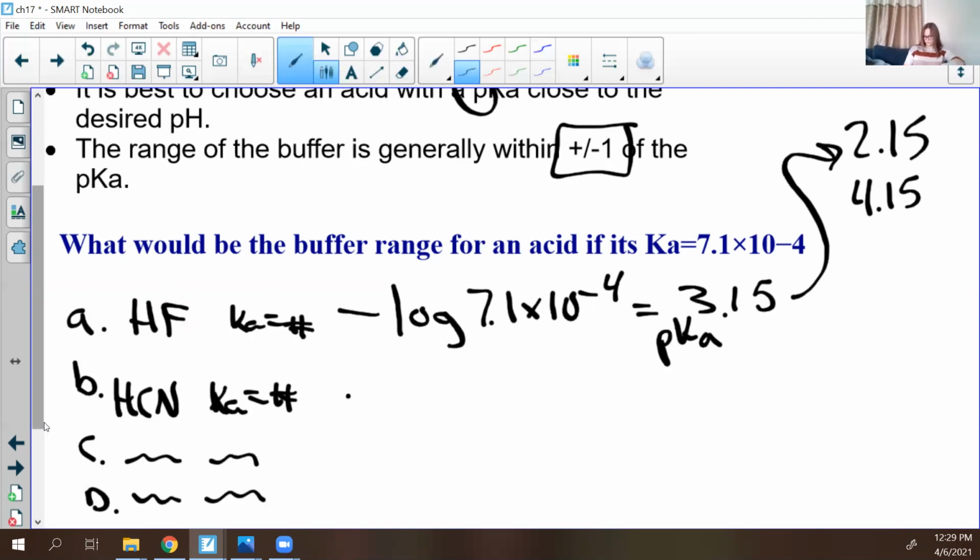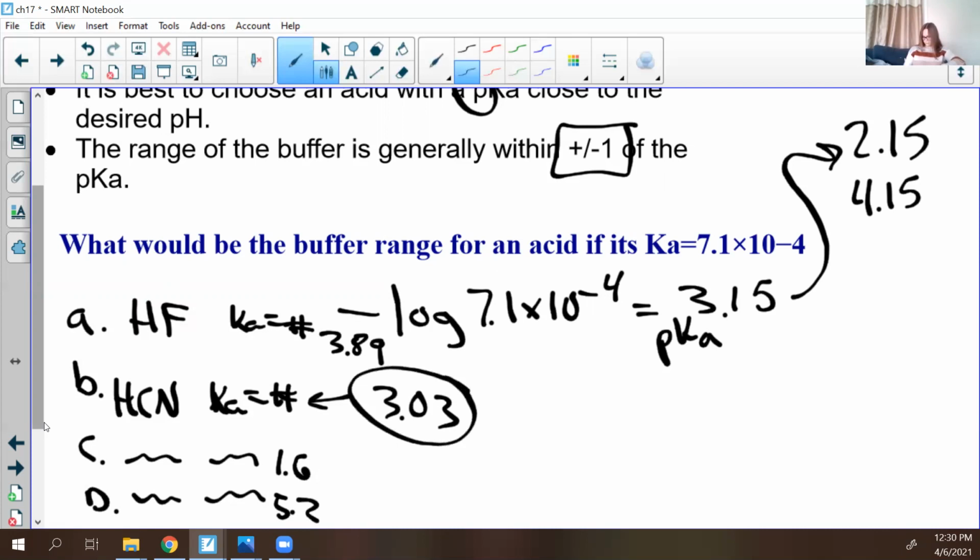Let's say we did it and here it came to be 3.03. This one was 3.89, this one was 1.6, and this was 5.2. You would choose the first one because the problem said you want to maintain a pH of 3. They're not real common, but they are something we should at least explain.